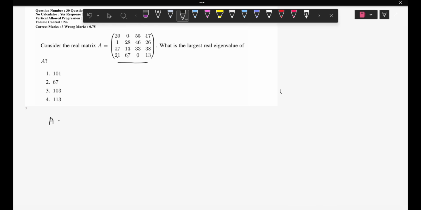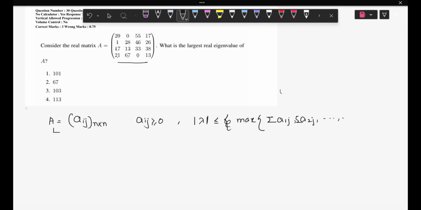If you have an n by n matrix A = (Aij), where the Aij are all non-negative, greater than or equal to 0, in that case if lambda is an eigenvalue of A, then the absolute value of lambda is less than or equal to the maximum of the sums of A1j, A2j, ..., Anj. That means if you take the sum of each row, the absolute value of any eigenvalue will be at most the maximum of those sums.